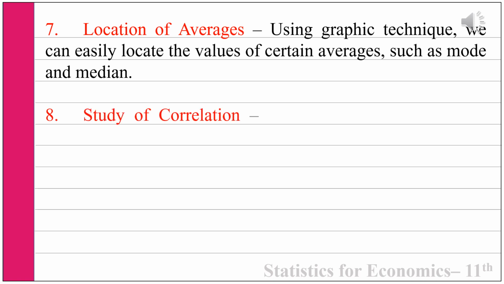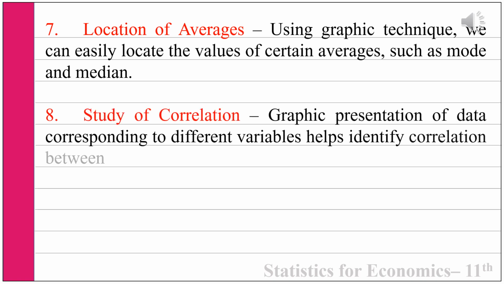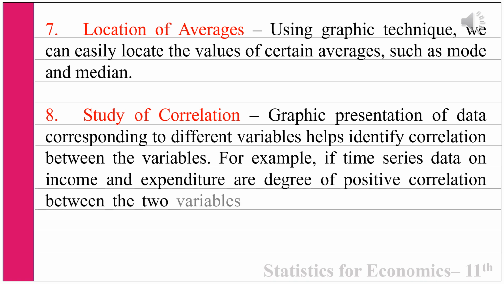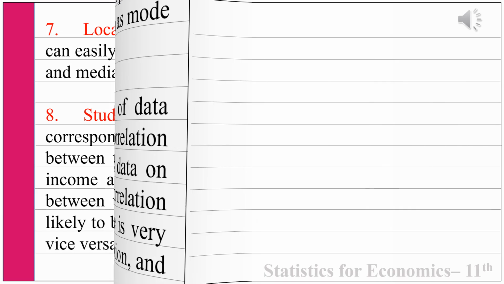Study of correlation. Graphic presentation of data corresponding to different variables helps identify correlation between the variables. For example, if time series data on income and expenditure are plotted, we can see the degree of positive correlation between the two variables. A higher level of income is very likely to accompany higher expenditure.